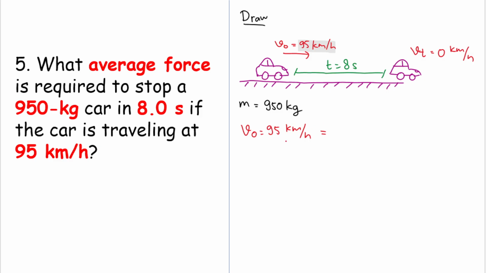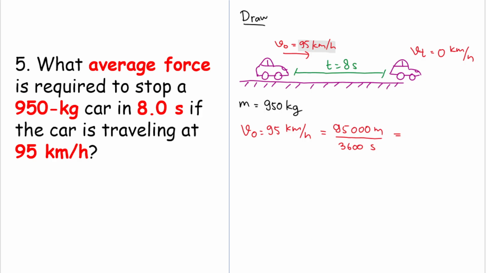To convert it into meters per second, we have 95,000 meters divided by 1 hour in seconds, which is 3600 seconds, because 1 hour is 60 minutes and 1 minute is 60 seconds. So 60 times 60 is 3600.